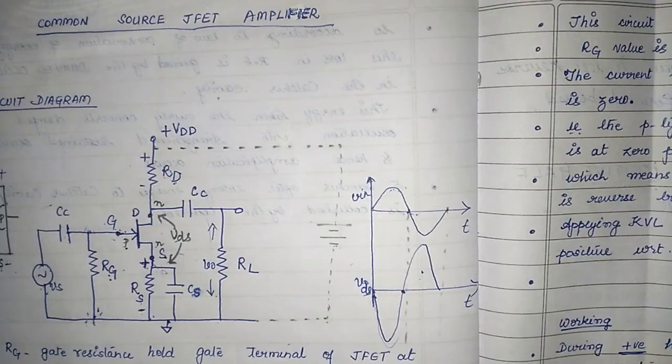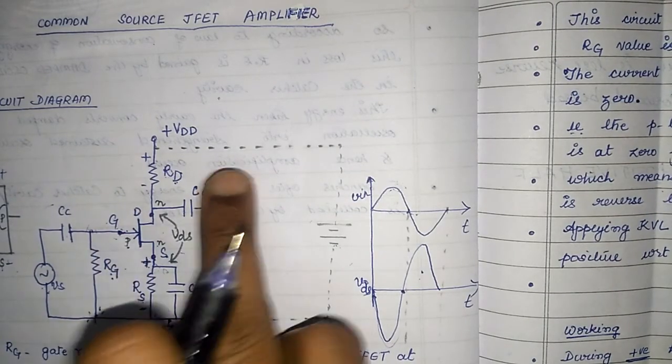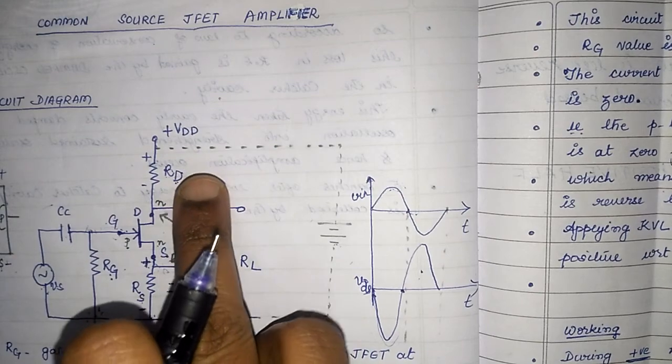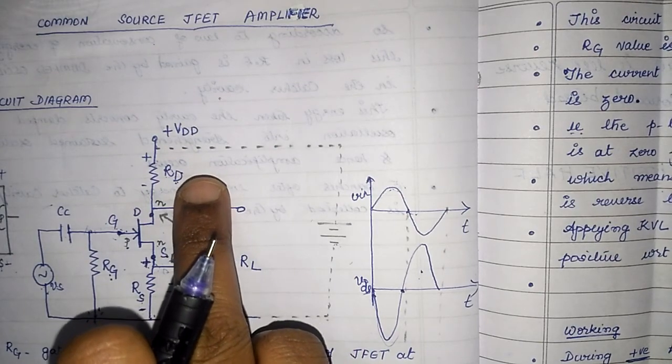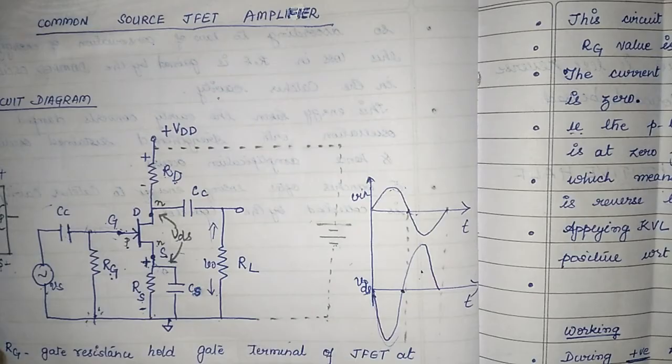And also a common source JFET amplifier has a higher input resistance and a lower output impedance, unlike that of a CE amplifier, and it also has a lower voltage gain. One line of explanation: in your lab you have done a JFET amplifier, so the gain was somewhere around 13 or 14, and you also have constructed a CE amplifier.